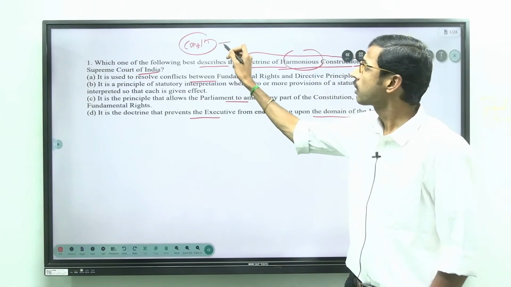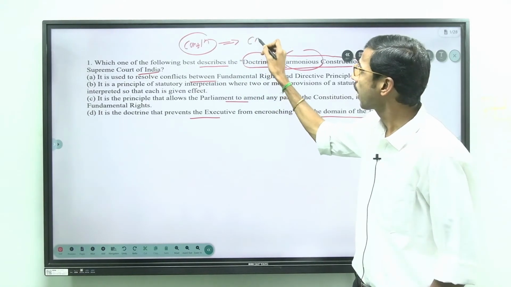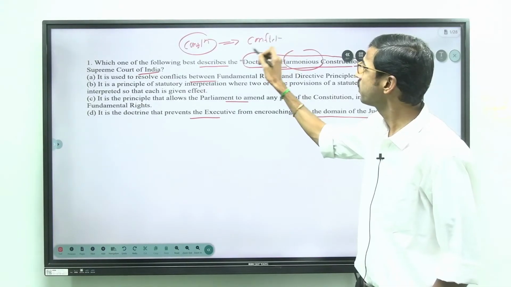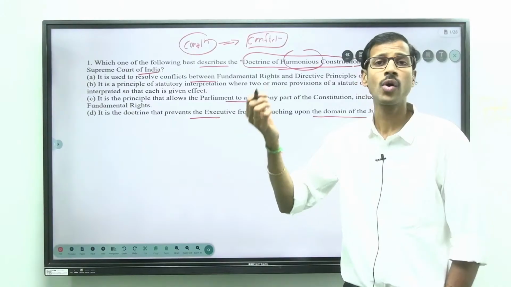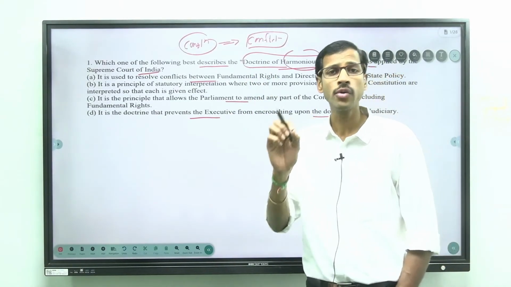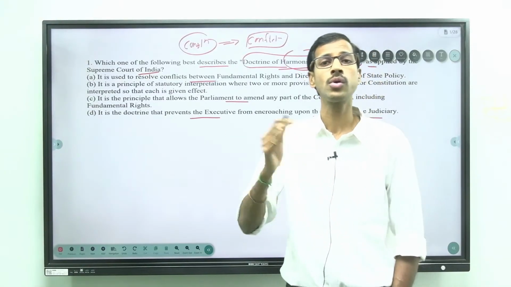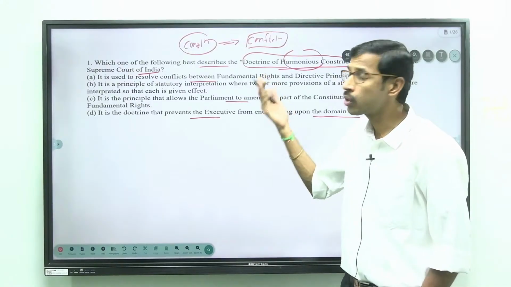So whenever any conflict happens between these provisions, especially provisions related to a particular law or the constitutional provisions, right? Whenever there is any conflict between two or more provisions, then what will we do? That is the court interpretation.